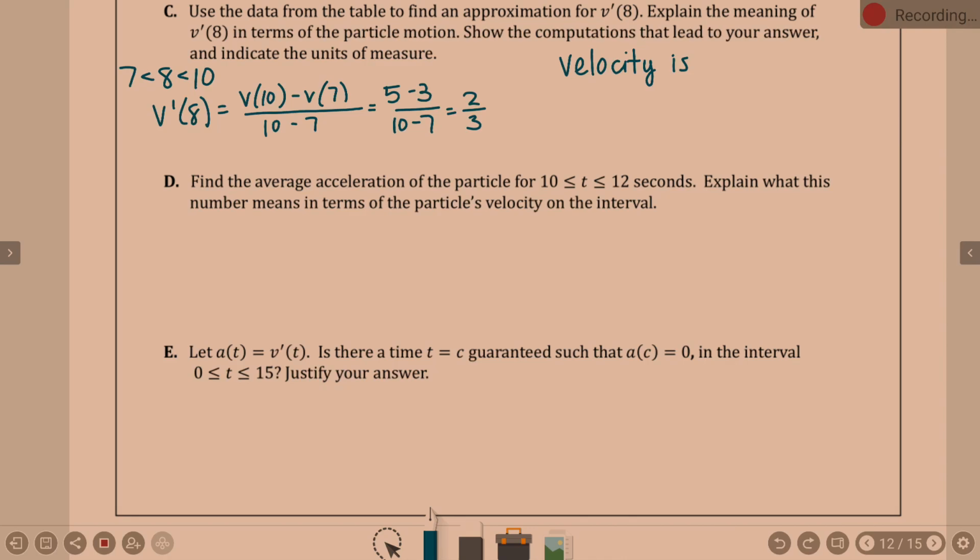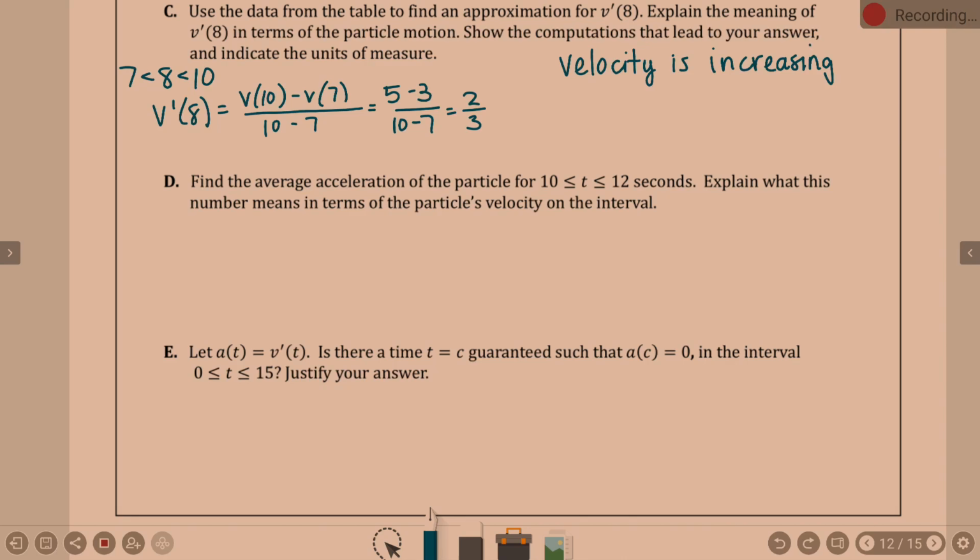yeah. Squared. Okay. Now, what I used is that the velocity is increasing. Okay, that's what v prime of 8 tells me, because it's talking about the meaning. I guess it doesn't reference whether we're talking velocity or acceleration, does it? It says explain the meaning of v prime of 8, which is acceleration, but it also references velocity.